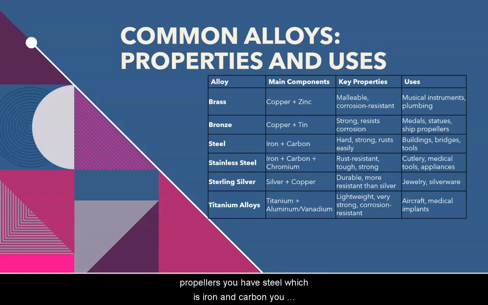You have steel, which is iron and carbon. It is strong and hard, but it does rust very easily. This is used in buildings, bridges, and different types of tools. We have stainless steel, which is iron, carbon, and chromium, and it's rust resistant, tough, and strong, and it's used a lot in cutlery, medical tools, and appliances.